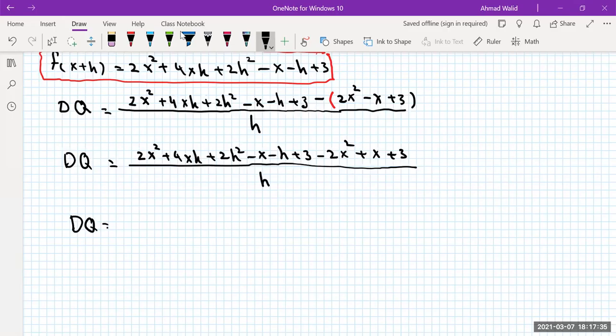Difference quotient equals. You have positive 2x squared here. You have negative 2x squared here. They become 0, correct? You have negative x. You have positive x, it cancels out. And you have positive 3 here, positive 3 here. It gives you positive what? 6.